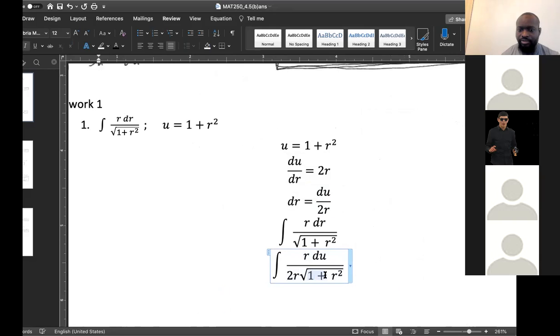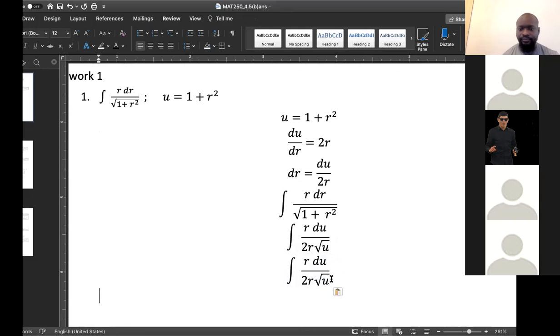And this becomes square root of u. Okay. Do we understand all I've done up to this point so far? So r cancels r. I have du of u to the power half.